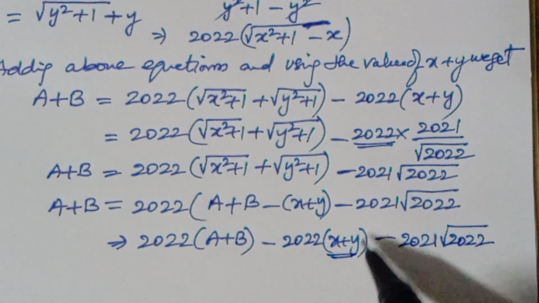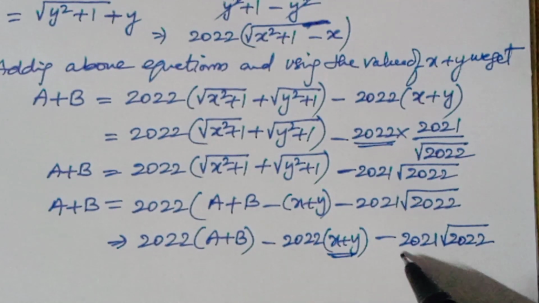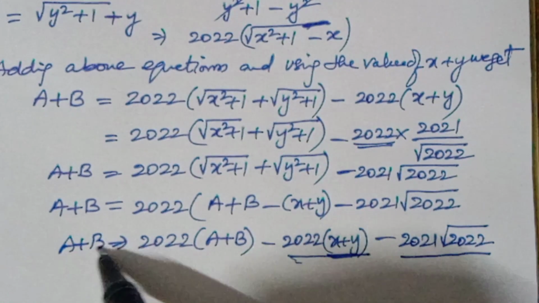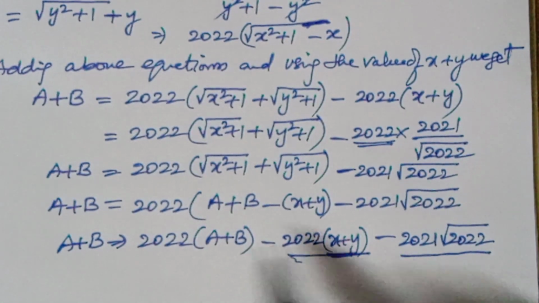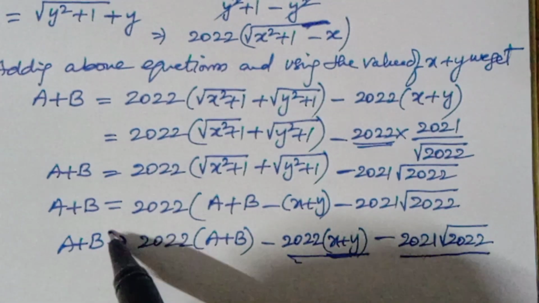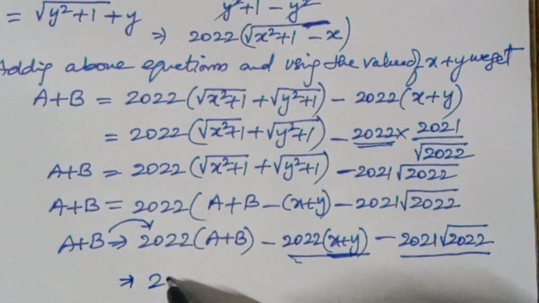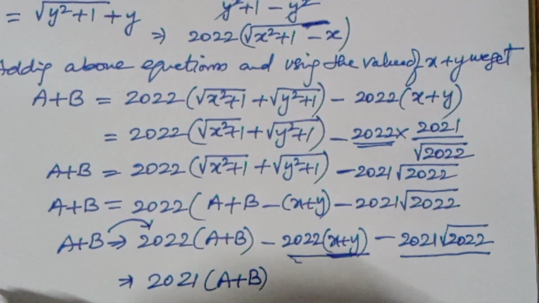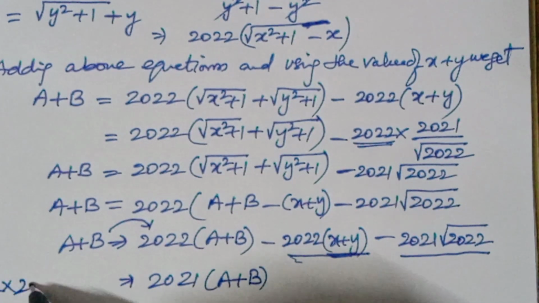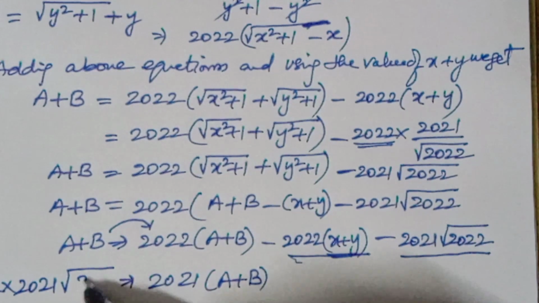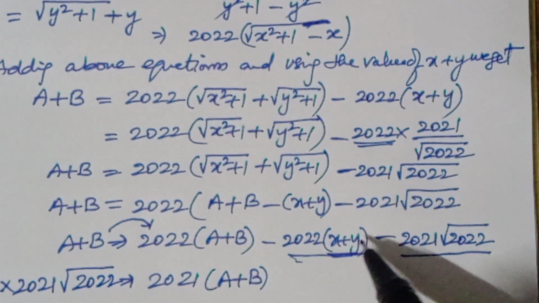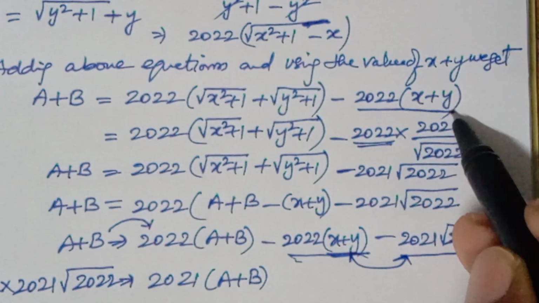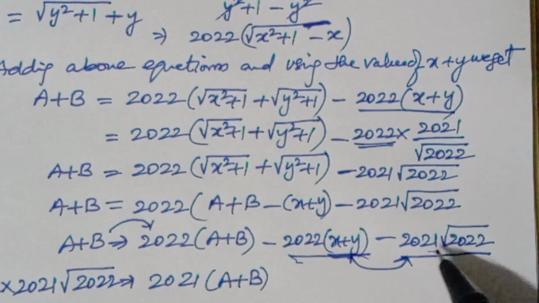Again this value will become the same, you will get the same values both. So you are taking the minus value to that side, you send a + b this side. So 2021 (a + b) equals 2 times 2021 root of 2022. If you observe here, 2022 (x + y), both values are same.